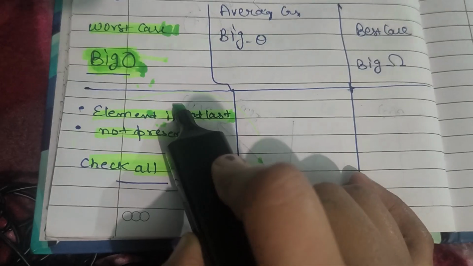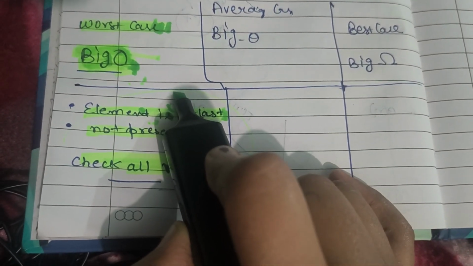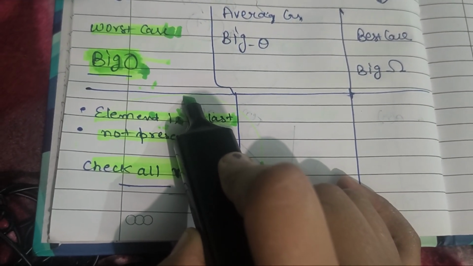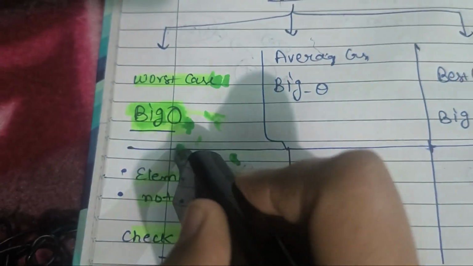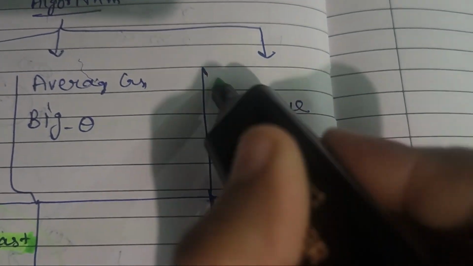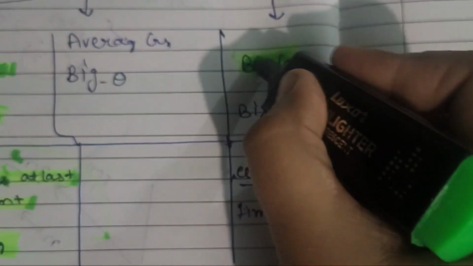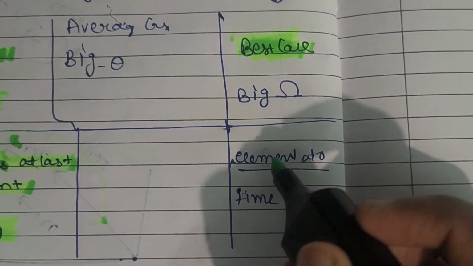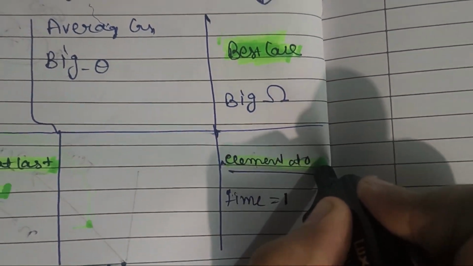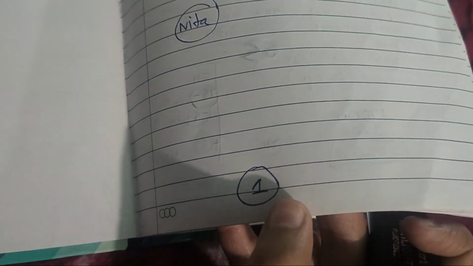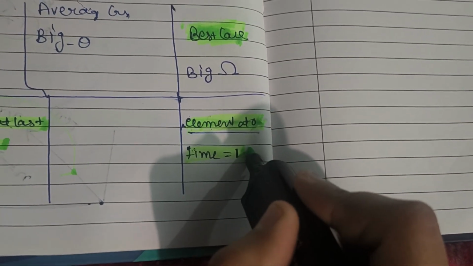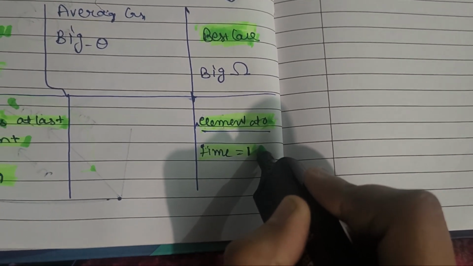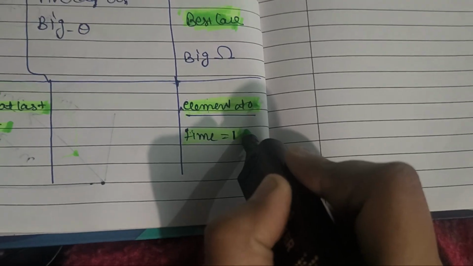It means no matter what, it will not be slower than this. The algorithm's slowest performance time is this, and the opposite of this is the best case. In the best case, the element is at index 0. For example, we have found the name Nita at the first index. The time complexity or time will be 1 unit. So it means our loop stops immediately.